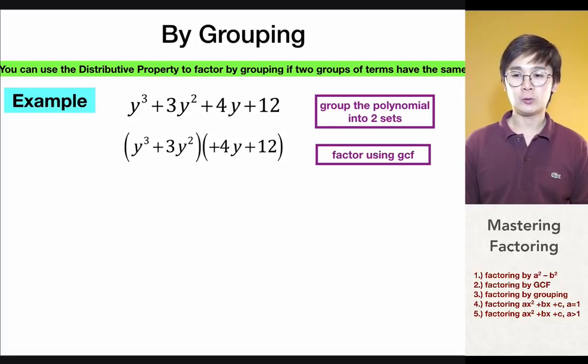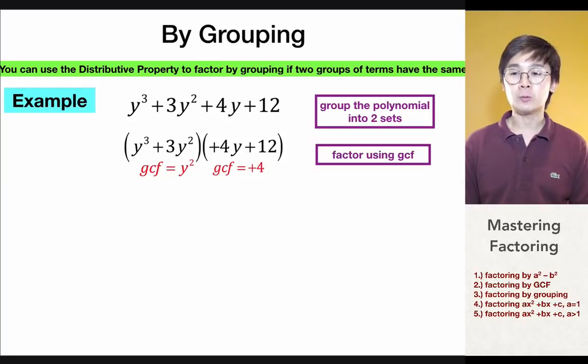Now for the first group, the greatest common factor is y squared. And the greatest common factor of the second group would be positive 4, which means if we divide y cubed plus 3y squared by y squared, we will be left with y plus 3 inside the parentheses.